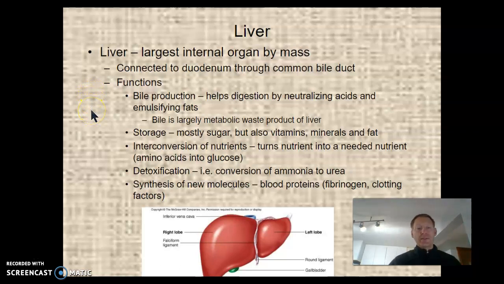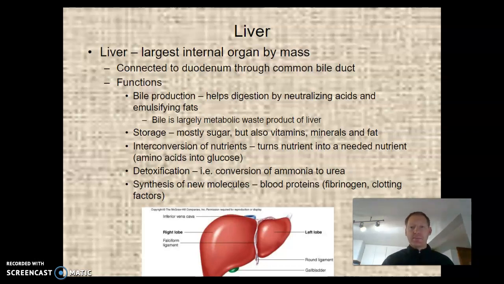So what does the liver do? The first part is the digestion part, which is that it produces a chemical called bile, or this mixture, I should say. It's not even a specific chemical. Bile is not something you really want to see. It's kind of gross and disgusting. It's greenish, and it's got a lot of salts in it.